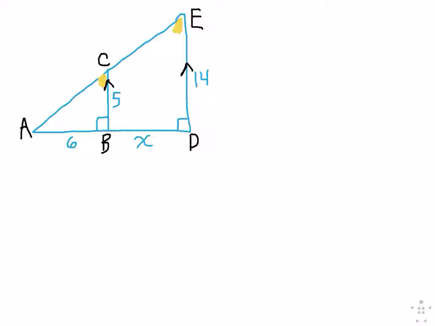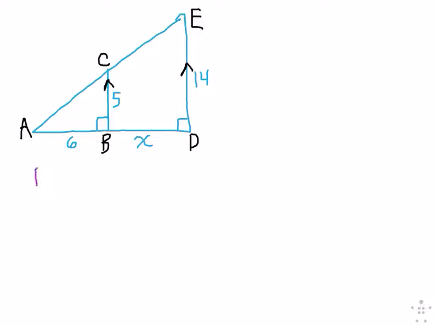So that means that if we have two congruent angles inside of the triangles, then the two triangles are similar to one another. Let me get rid of that yellow. Alright, so we're going to set up our proportion looking at the corresponding sides.